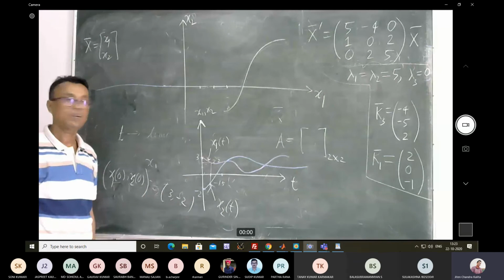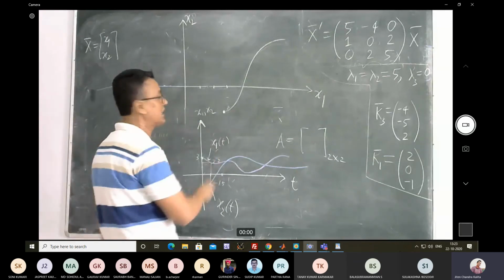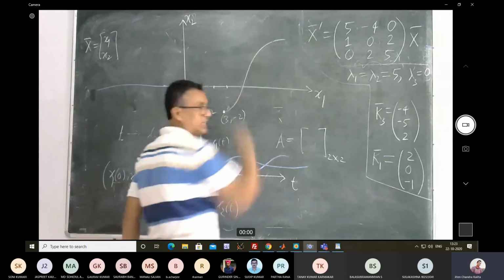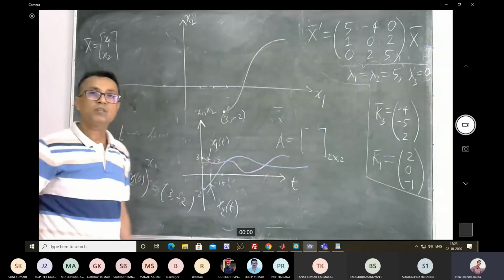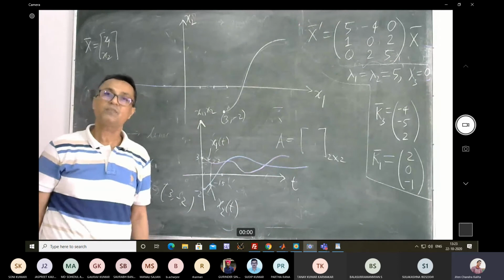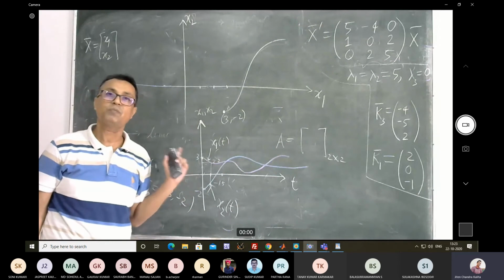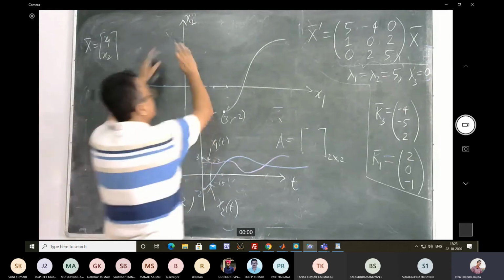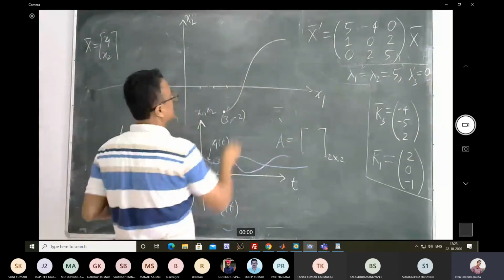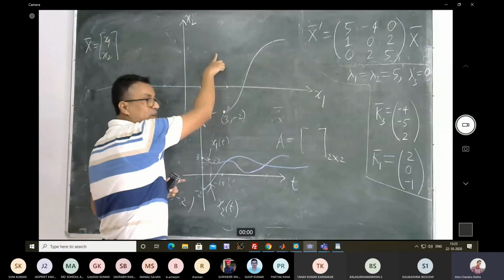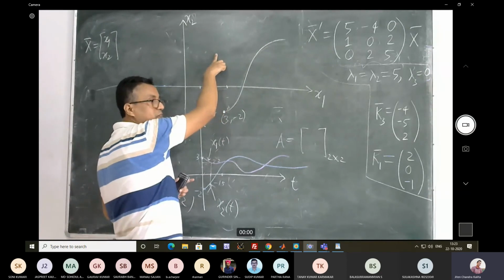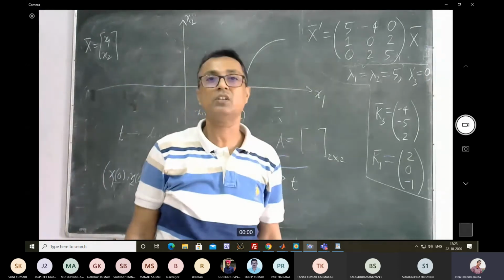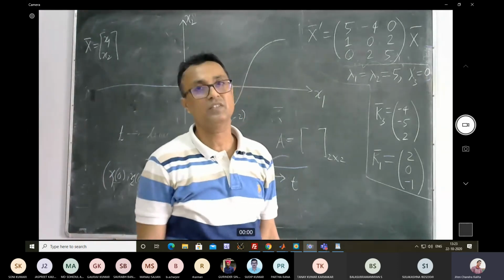Is it okay with everybody? That is why it started with 3, minus 2 here, and I was tracking. Similarly, with different initial conditions, I am going to have different trajectories. Is it okay with everybody? Fine. So if you take all the trajectories together in this x1, x2 plane, or the phase plane, that portrait of all the trajectories is called a phase portrait. That's it. It is as easy as that.